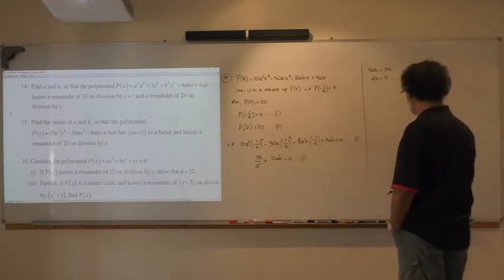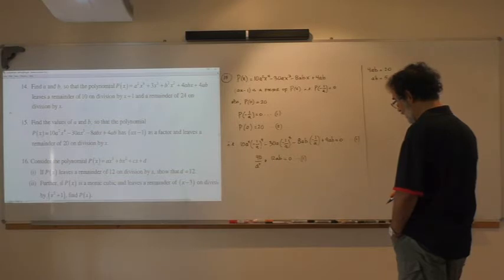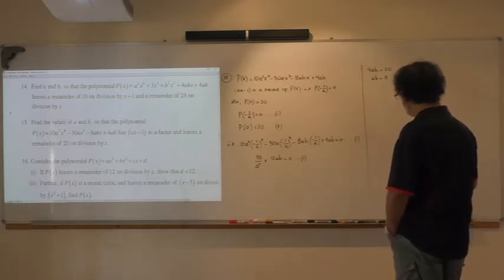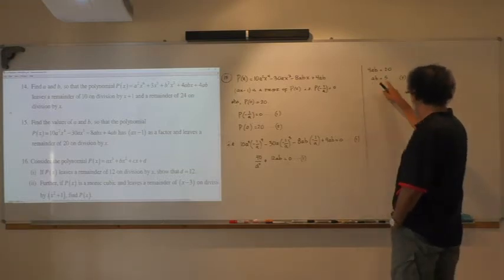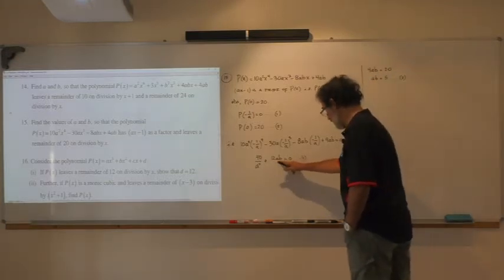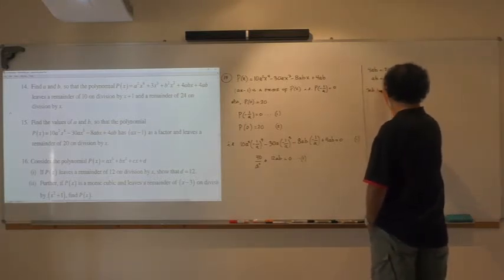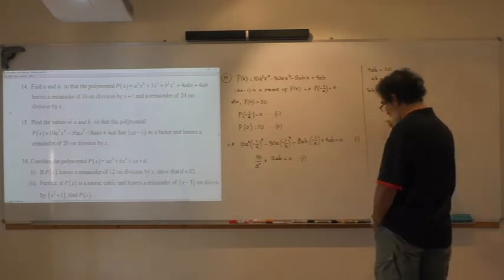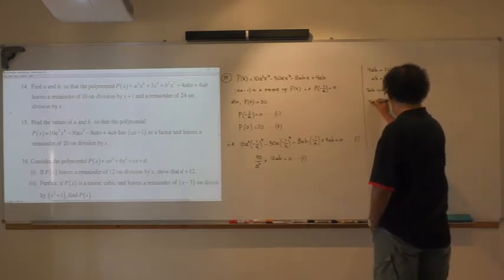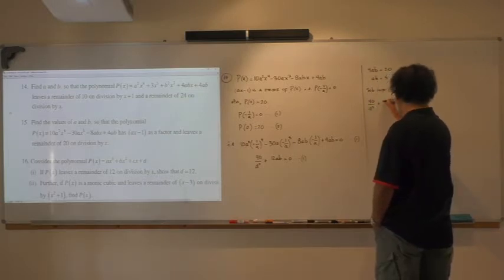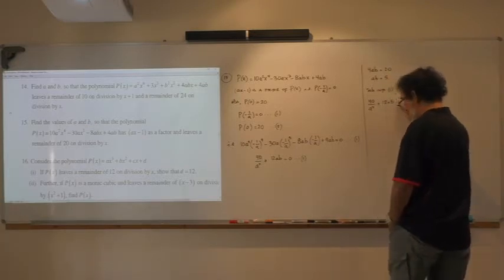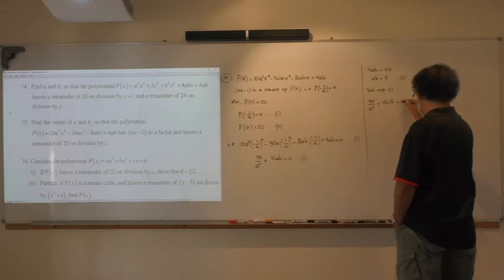Now we're going to substitute this ab equal to 5 in here. So we sub into equation 1 to get 40 over a squared plus 12 times 5, and that is equal to 0.